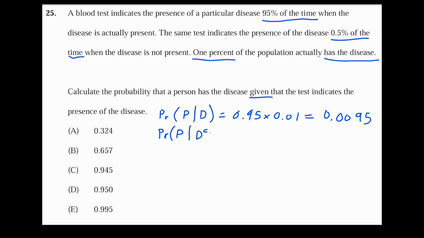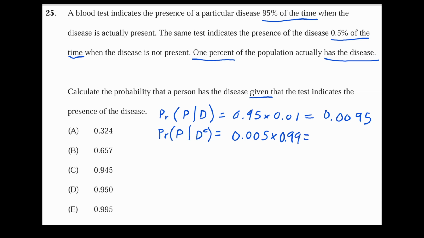I'm going to annotate it with a C, indicating that's the complement. So we're going to do this as 0.005 for the 0.5% of the time when the disease is not present, times the rest of the population, which is 99% of the population that does not have the disease.